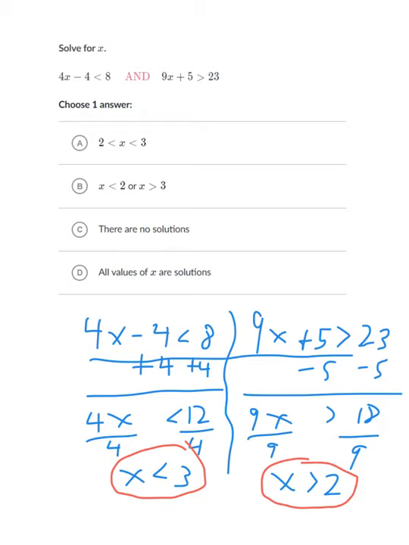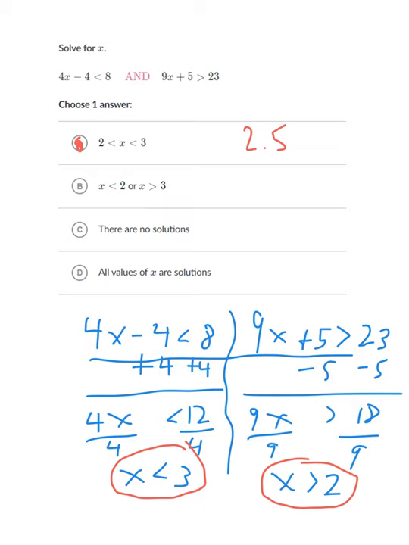So the answer choice here is going to be answer choice A. So for example, let's pick a number in answer choice A. Let's say 2.5. That's bigger than 2 and smaller than 3. Is 2.5 less than 3? Yep. Is 2.5 greater than 2? Yep.